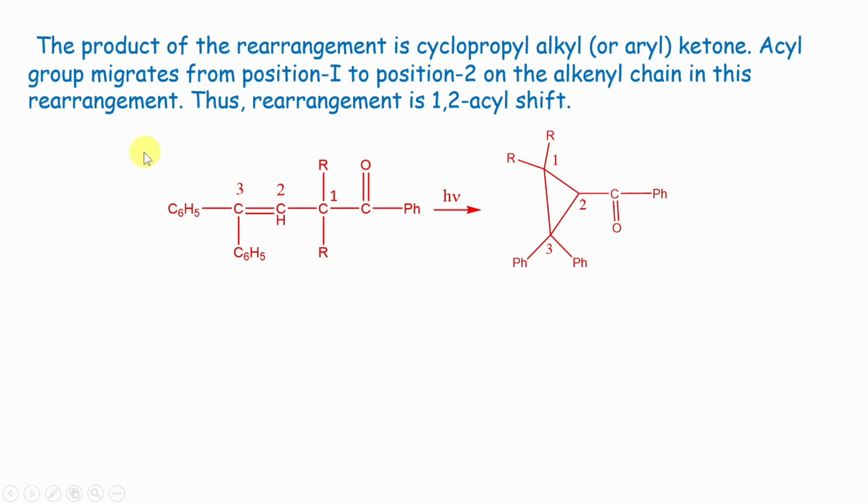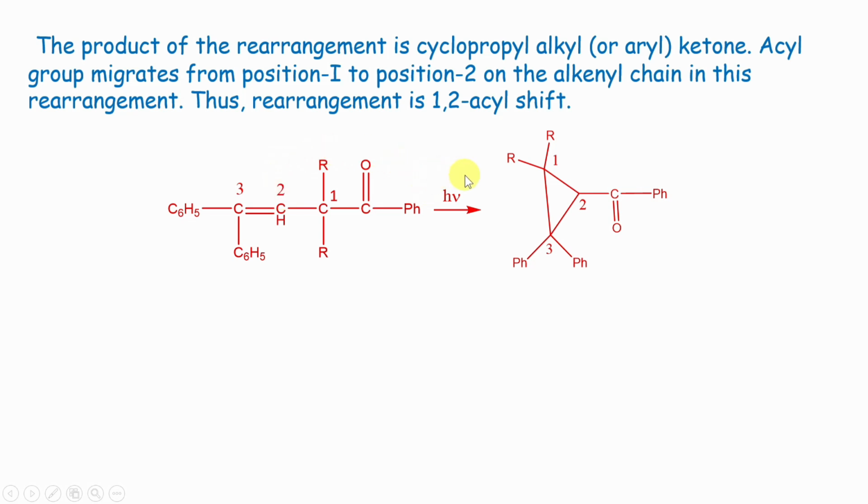Thus, this rearrangement is a 1,2 acyl shift. You can see in this molecule, the acyl group is attached to the first carbon atom, and it gets broken here and shifts from this first position to the second position.